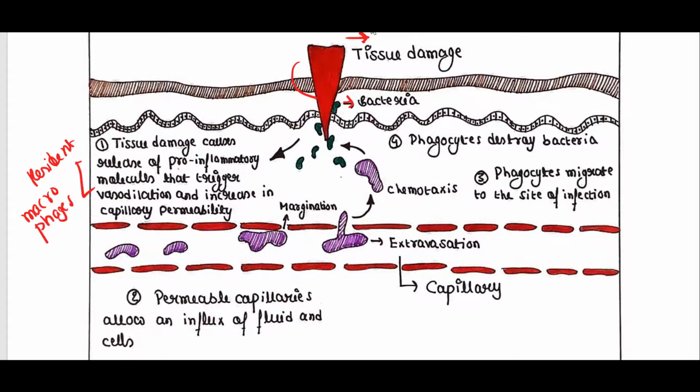These pro-inflammatory molecules, TNF alpha and interleukin 1, will trigger vasodilation and increase in capillary permeability.